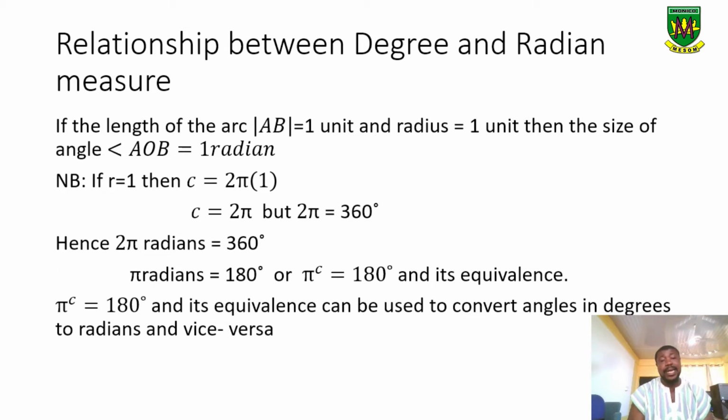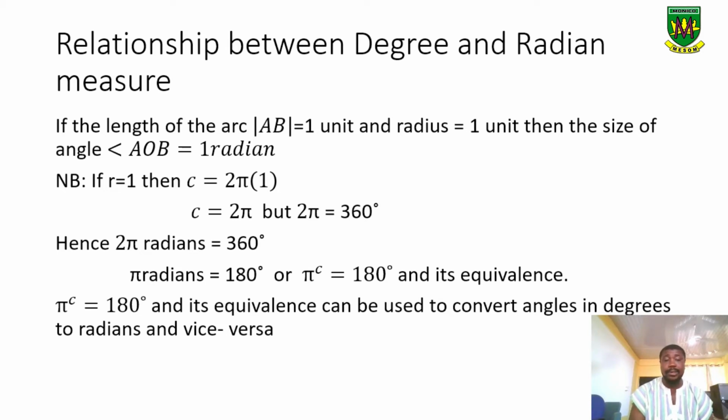Let us note that if you substitute radius as 1 into the circumference of a circle, which is 2 pi r, then C will be equal to 2 pi times 1, which gives us 2 pi. But we know that 2 pi is the same as 360 degrees.